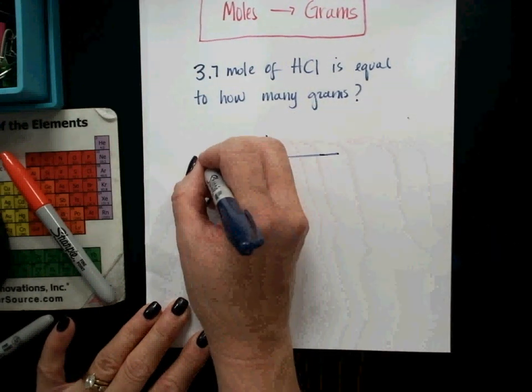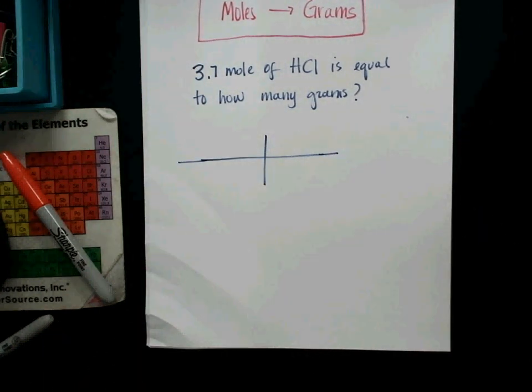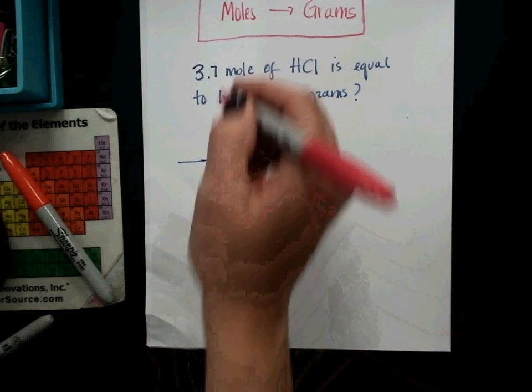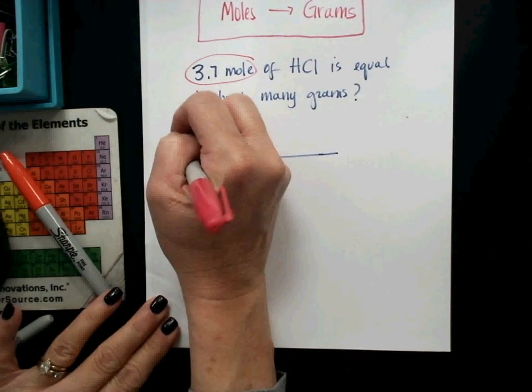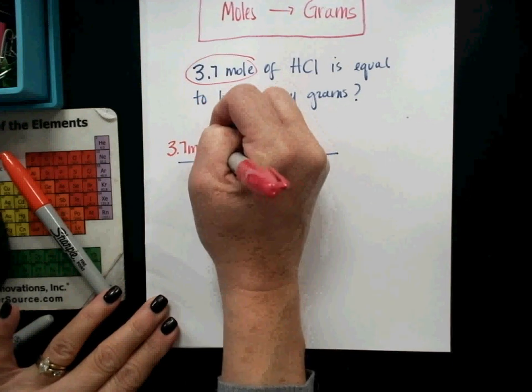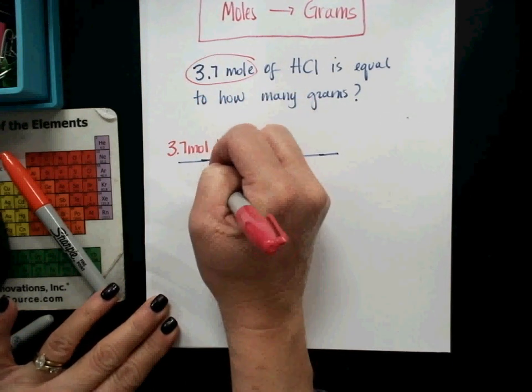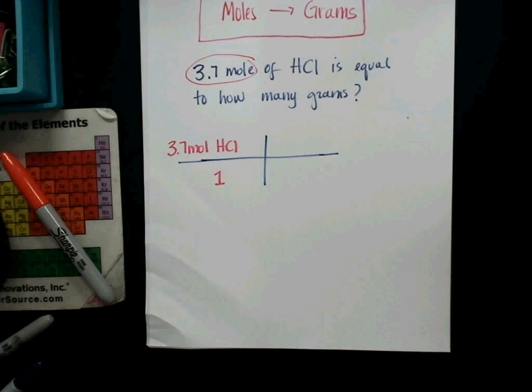And somebody already told me this is a 2-step list. And it doesn't change, the given still goes in the first box. So I go up here and I find my given. So that would be my 3.7 mole hydrochloric acid, and remember that's just like it's over 1.